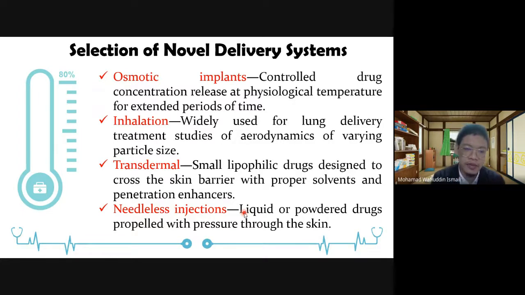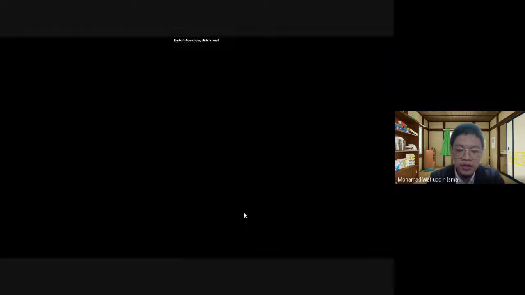In a laboratory study, we only do small scale. Can this new type of delivery system be scaled up to higher scale? Is it suitable? Can it be controlled? Can it be produced for commercialization? Okay, I think that's all.